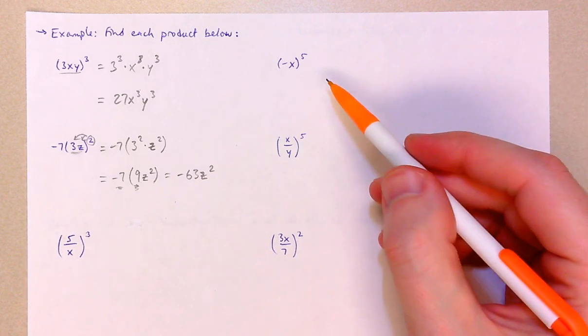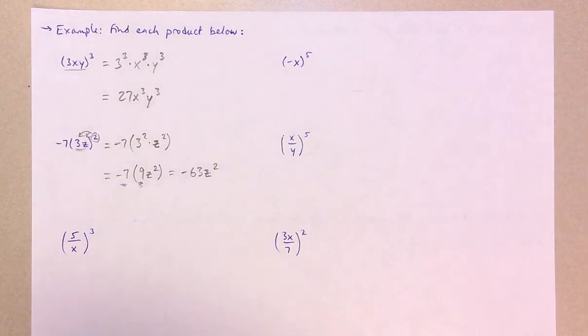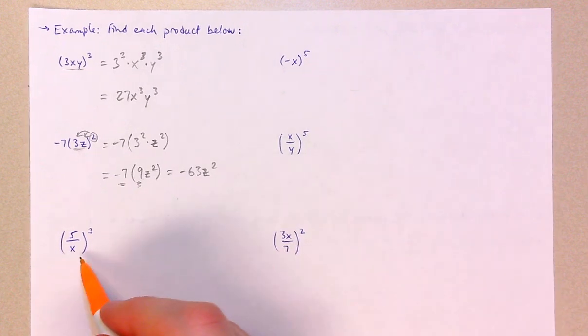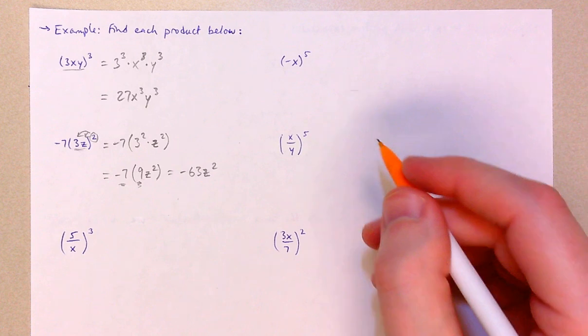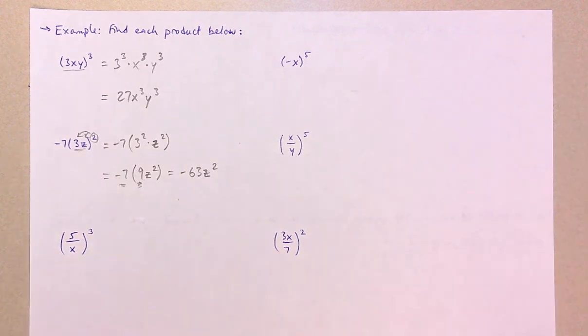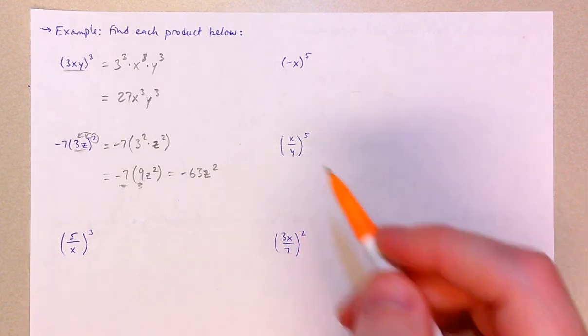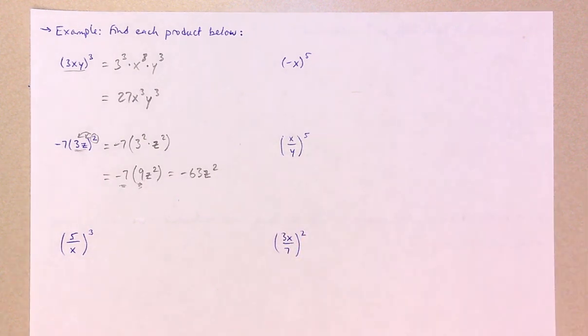So as I said, try this one on your own. We will kick it off with this one here, x divided by y, and that whole thing raised to the 5th power. Again, our base is a quotient this time. It's not a difference or sum.